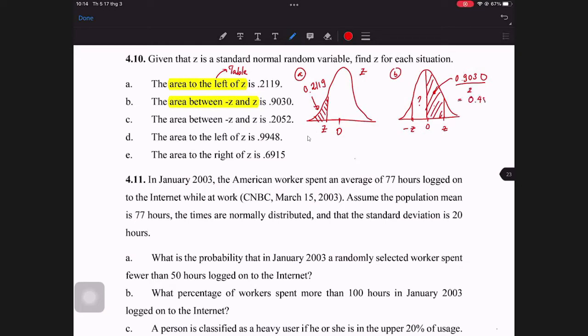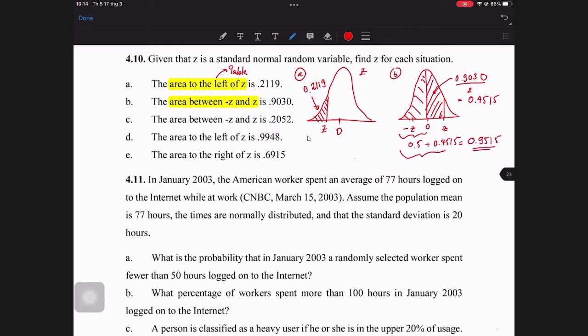So we have 0.4515. And then now you have to find the whole area to the left here. Remember that half of this will be equal to 0.5. So you can easily find the whole area here, which is equal to 0.5 plus 0.4515, or 0.9515.